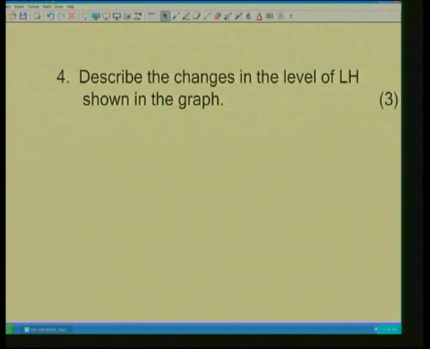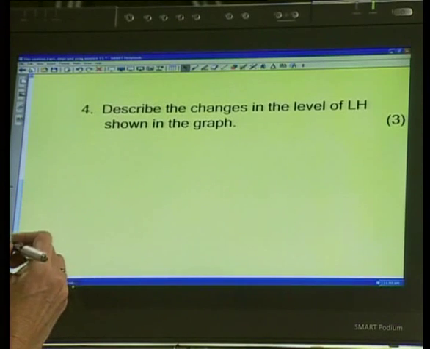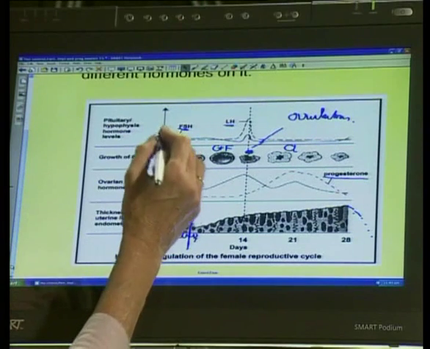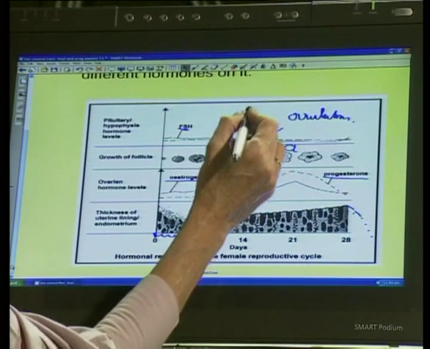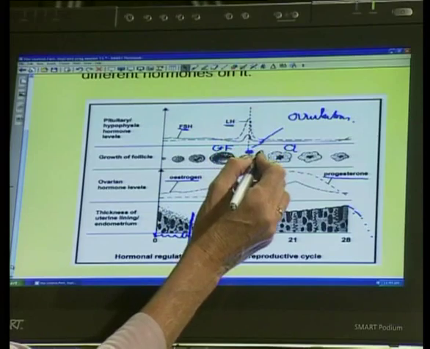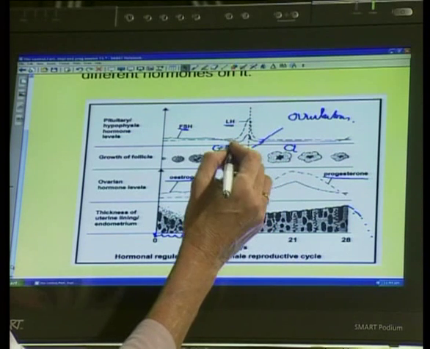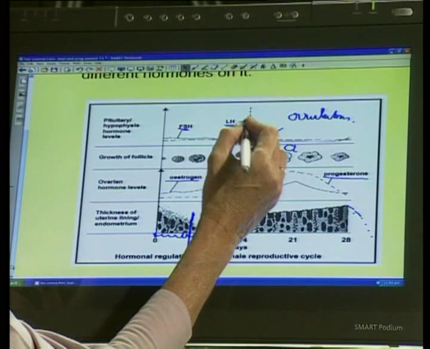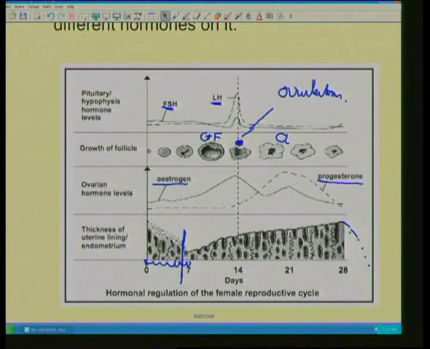Okay, then here, describe the changes in the level of luteinizing hormone shown in the graph. So here you've got to explain the changes. Why would these changes have taken place? If you look here, as the luteinizing hormone increases, so the follicle stimulating hormone will increase.